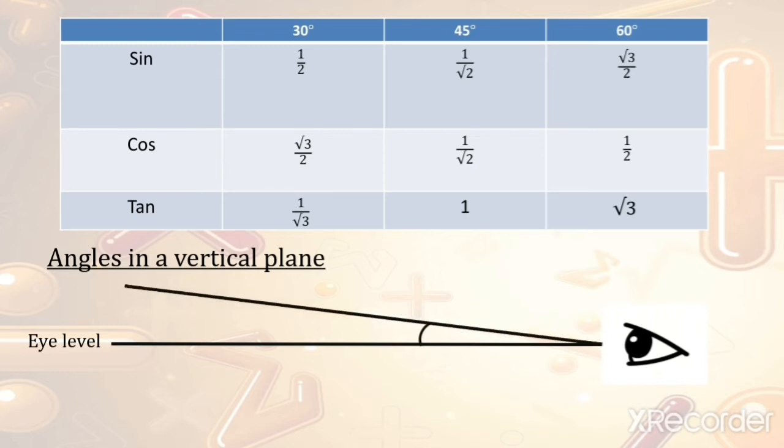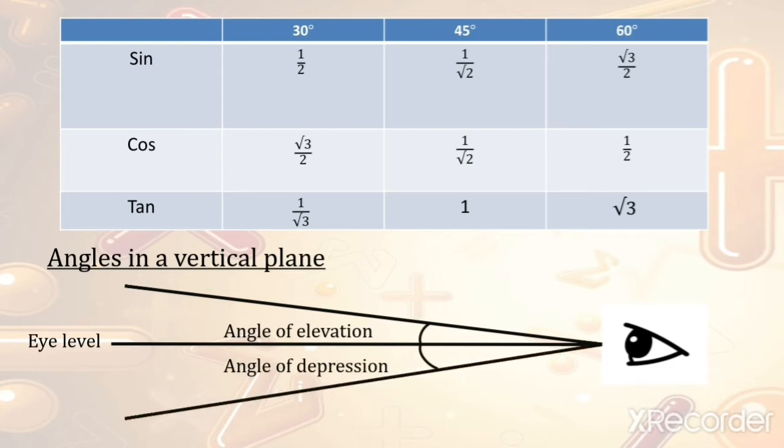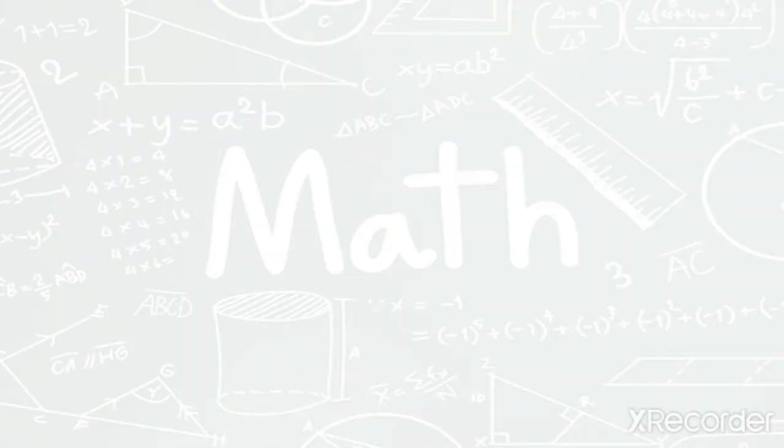That angle is known as the angle of elevation. And if you look down, there is another angle. It is also formed using eye level. That is known as angle of depression. So you were taught this lesson in the previous grades also.